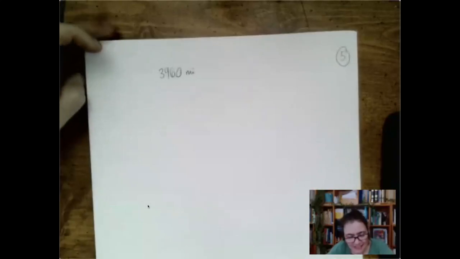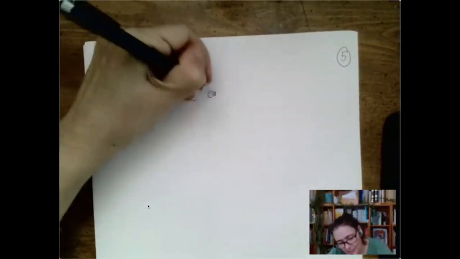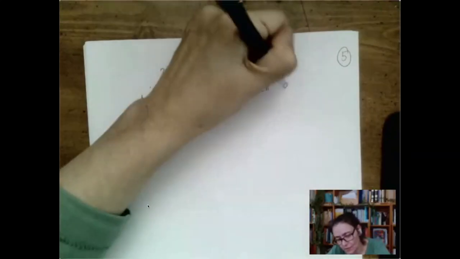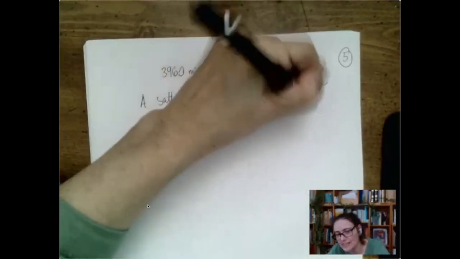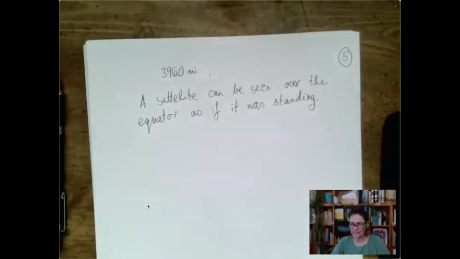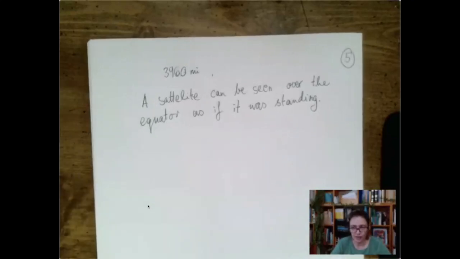So here is how it's going. A satellite can be seen over the equator as if it was standing. I mean, by standing, I don't mean it has feet. It means it's stationary. When we look up, it appears like it's not moving. So we're somewhere at the equator, we look up, it's not moving.